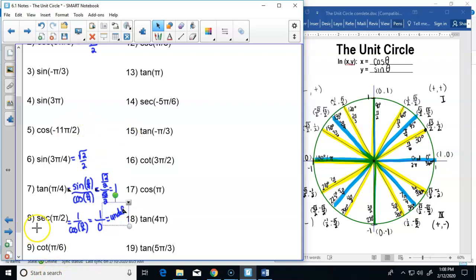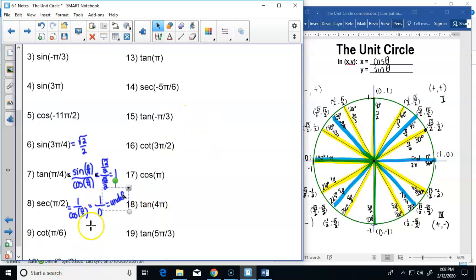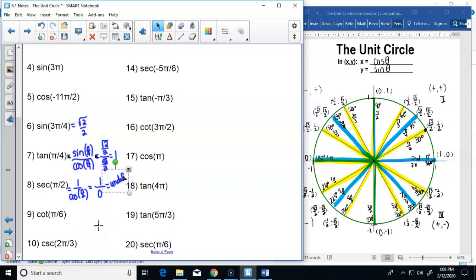And so this is sort of the idea. Now, let me see if I can find one real quick. Let me do 9 real quick. I know I'm running out of time. Cotangent is cosine over sine, right? So if I go to pi over 6, I got to do cosine over sine. So that would mean the cosine is the x-coordinate. That would be square root of 3 over 2. And then sine is 1/2.